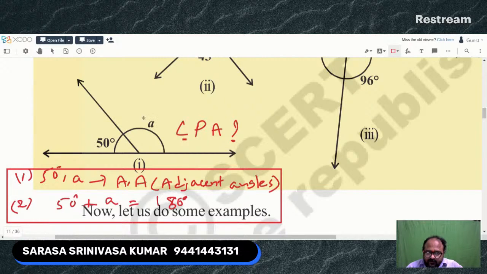So A equals 180 degrees minus 50 degrees, that is 130 degrees. This is what you should observe. The simplification is left to the student as an exercise. I am writing the result. The sum of two angles, 50 degrees and A, equals 180 degrees, since the two angles are a linear pair of angles.